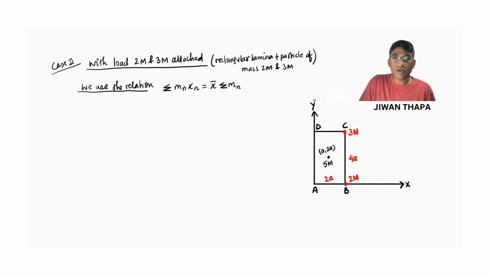And for the y coordinate we write summation mn yn equals y bar, the y coordinate of the center of mass, times summation mn.